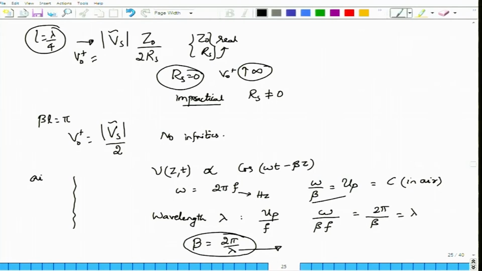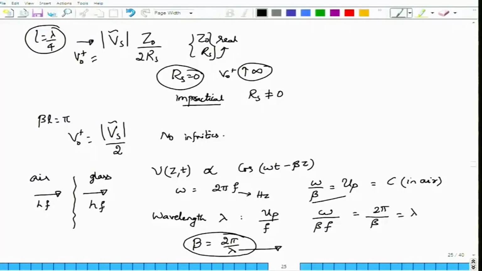Suppose I consider air and I consider glass. If I launch light, or if I think of light as a photon, then the energy of this photon would be h into f, where h is the Planck's constant. What would be the energy of this photon inside glass? Most people would think that the energy would be different, but actually the energy would always be the same, whether you are working in air or whether this photon is propagating in glass. So, the energy of this photon will be the same h of f in glass.